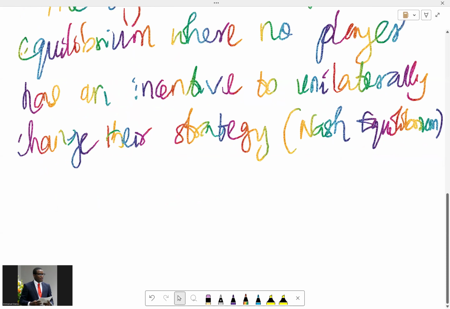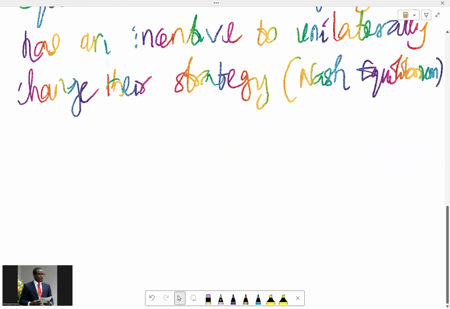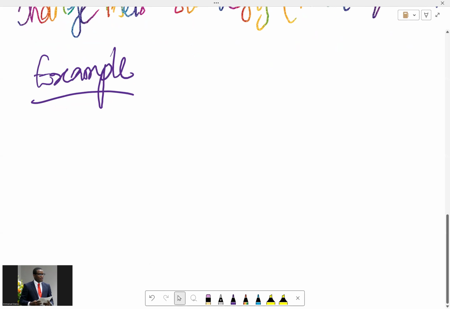Okay, so can we go for it now? Just like what we did the other time, except that now we are not talking about a zero-sum game. Here, our focus is on a non-zero-sum game where the loss of one is not necessarily the gain of the other.